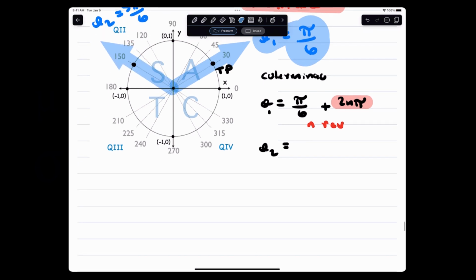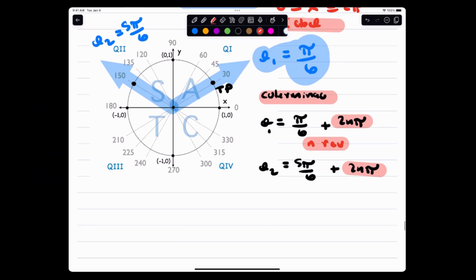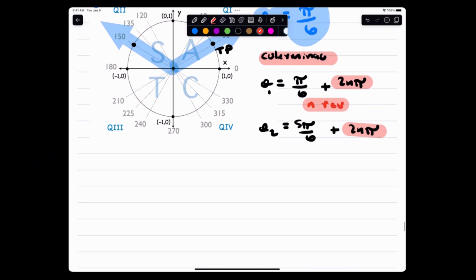So what do I do now with this? I take the particular solution, which is what? And then what do I add? 2n pi for the same reasons. Is that true? This is the n revolutions that gives you every coterminal solution here. Now, what is n?